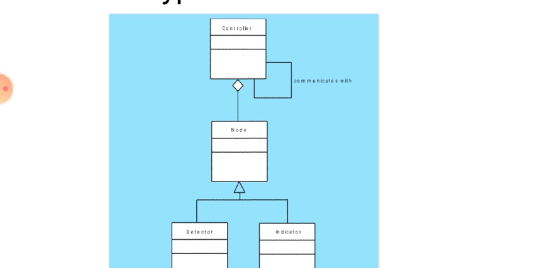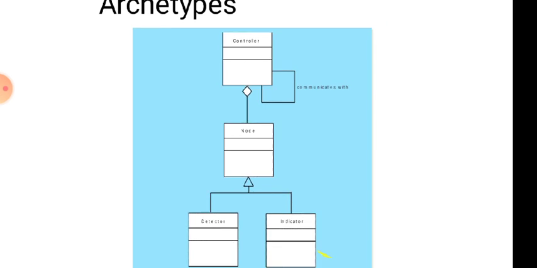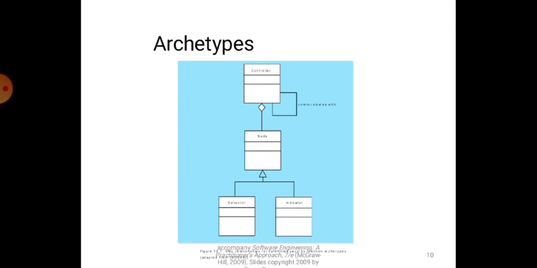In unified modeling language you use such diagrams, and there is communication between the controller and the others. You can find a rhombus type of connector, and a diamond and triangular type of connector. These are representations as far as the UML diagram is concerned, which were studied in an earlier chapter.